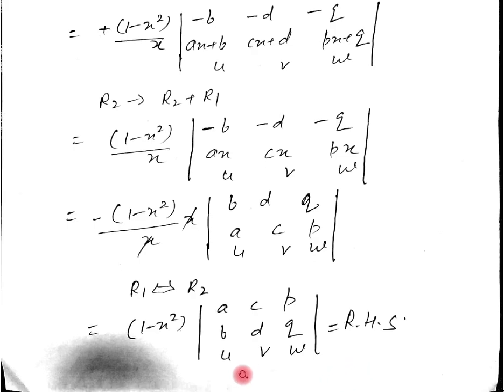Now 12th class students, I have already told you this exercise and this type of question are very much tricky. No formula is used. You only have to apply the operations. It requires presence of mind, and we have to look at the determinant given on the right hand side. According to that we have to apply the operations, either to get the given determinant on the right hand side, or to get the maximum number of zeros in any row or column.